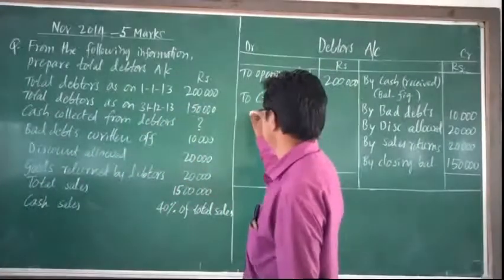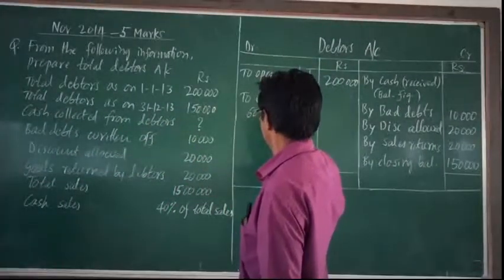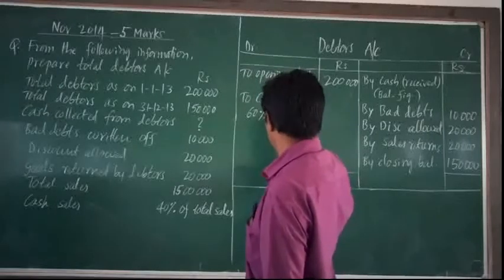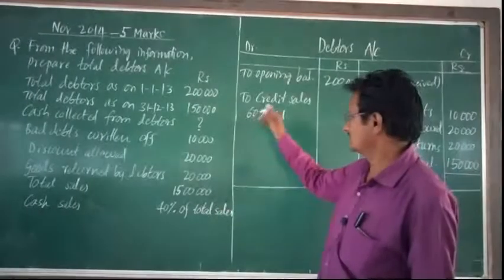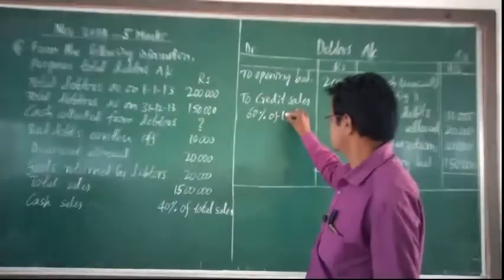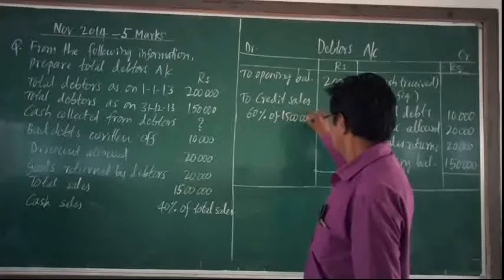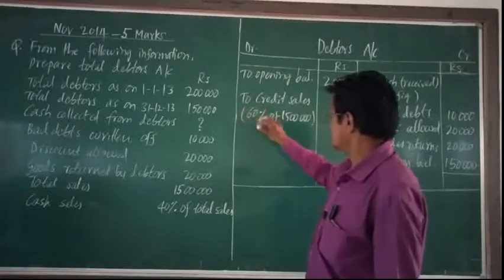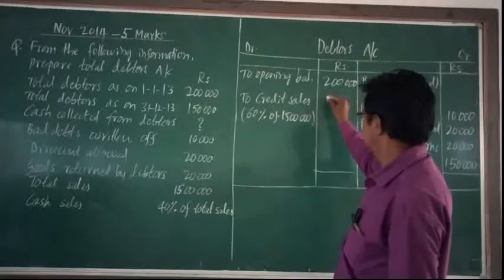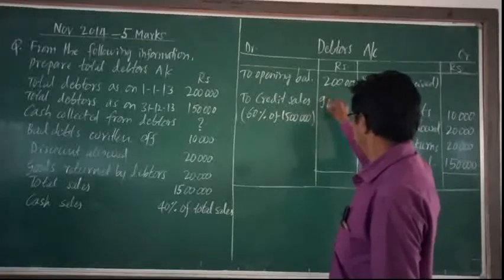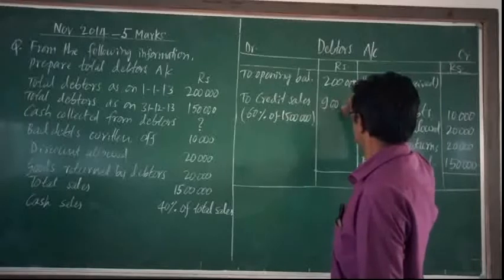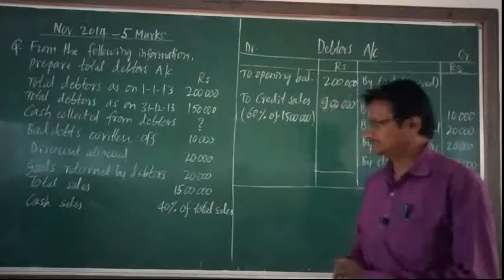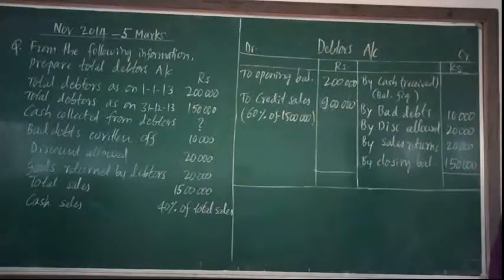So we have to take 60% of 15 lakh, which is 9 lakh rupees. So all items are entered in the debtors account.